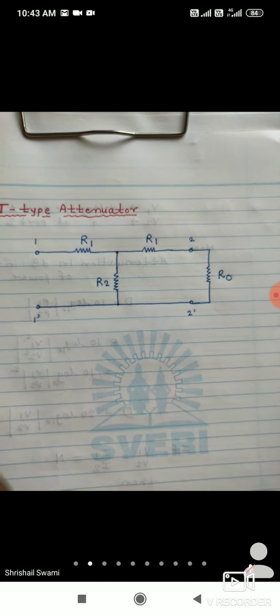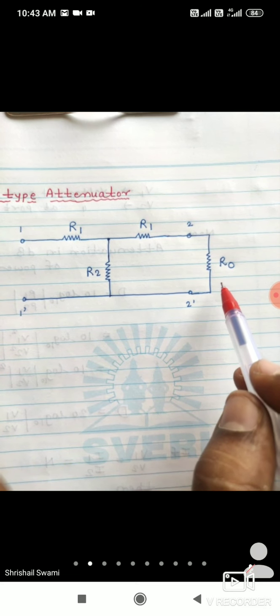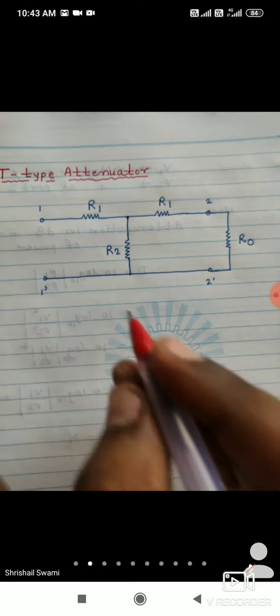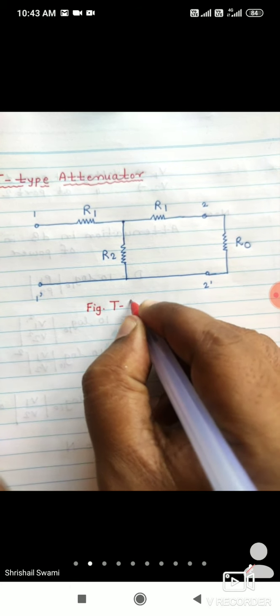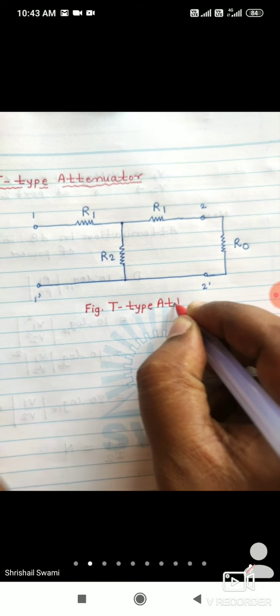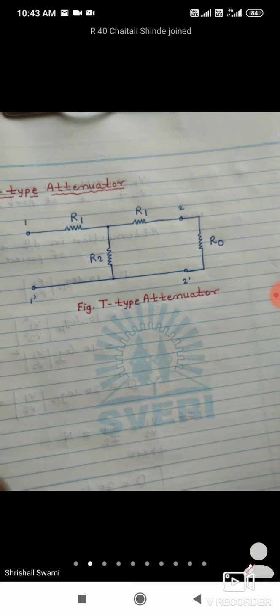So you can remember the circuit diagram as per this rule. In the series arm always R1, in the parallel arm always R2, and at the second port the load resistance is always R0. I will give the name figure 1. This is the T type attenuator. Every time there will be a minimum 4 marks question based on the design of attenuator.